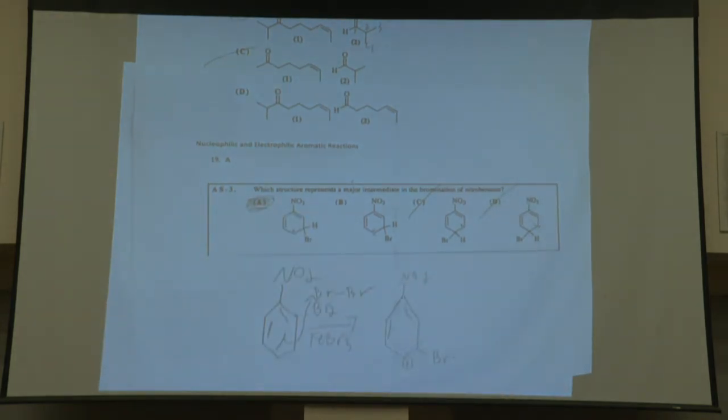Any questions on this stuff? Okay. Yes? Why is it a plus? Because if it's an electrophilic reaction, and the benzene ring is acting as your electrophile, it's what's doing the attacking.